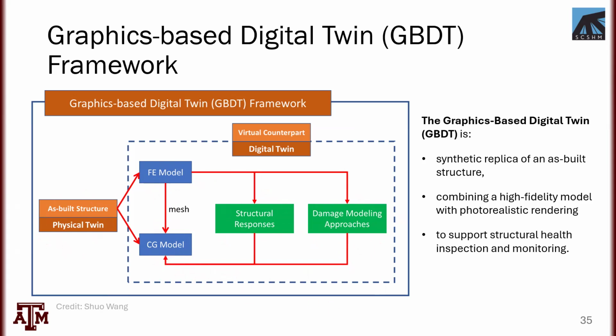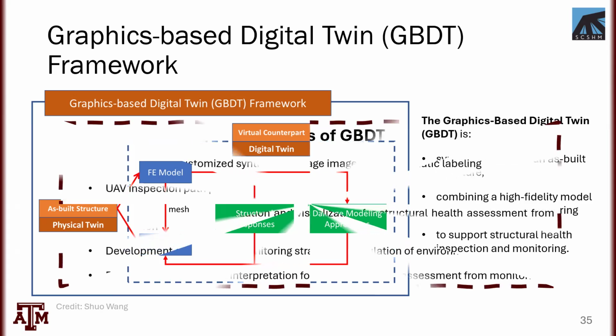The benefit of a graphics-based digital twin environment is it sort of serves as a synthetic replica of the as-built environment. It combines high-fidelity modeling to generate photorealistic renderings, and it could support SHM in a lot of different ways.